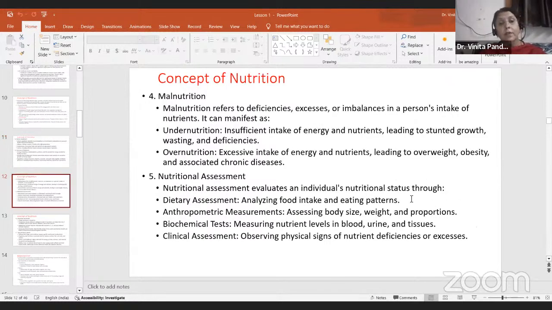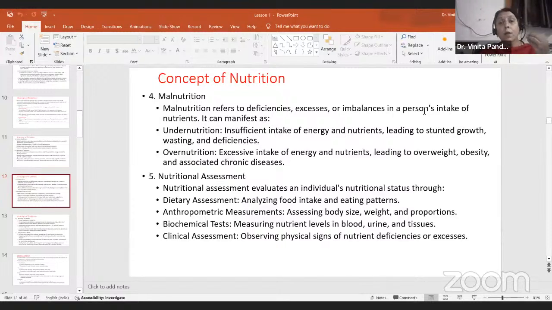Proceeding further, we can also have challenges connected with malnutrition. Malnutrition can be of two types, undernutrition and overnutrition. Malnutrition basically refers to any kind of deficiency, excess or imbalance in a person's intake of nutrients.